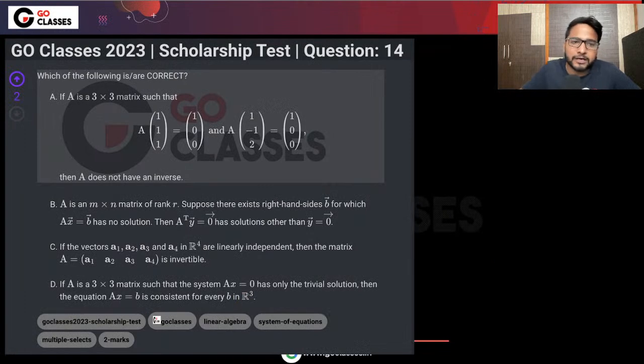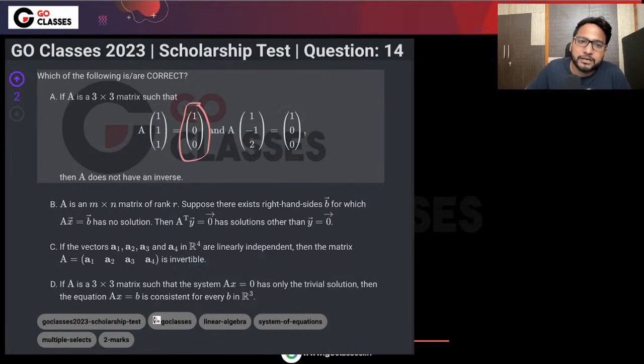Now this is one of the interesting questions that we have. This is question number 14. What they are saying is, A is a 3 cross 3 matrix such that A into some vector gives you some vector, and this same vector can be obtained using two solutions. What does this mean?